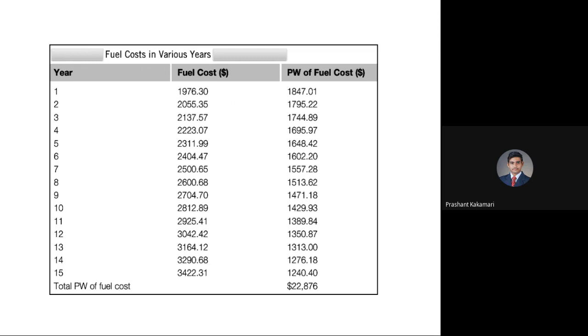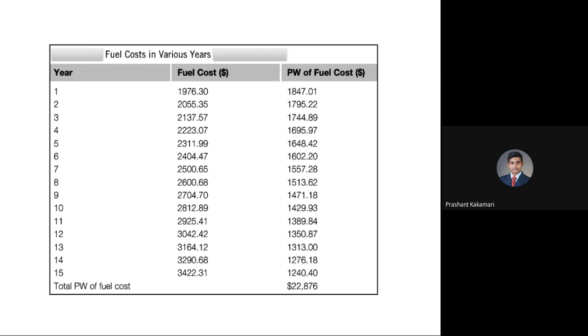So 1976.3 into inflation 0.04. So the difference is coming around 79 plus 1976.3. So with inflation rate, the fuel costs are increased by second year, that is 2055.35. I am also getting the same answer.